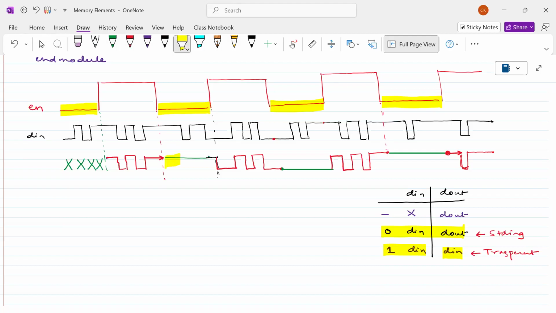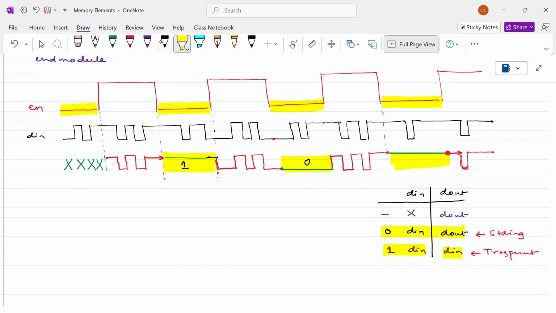So this is the transparent region. What information did we store here?